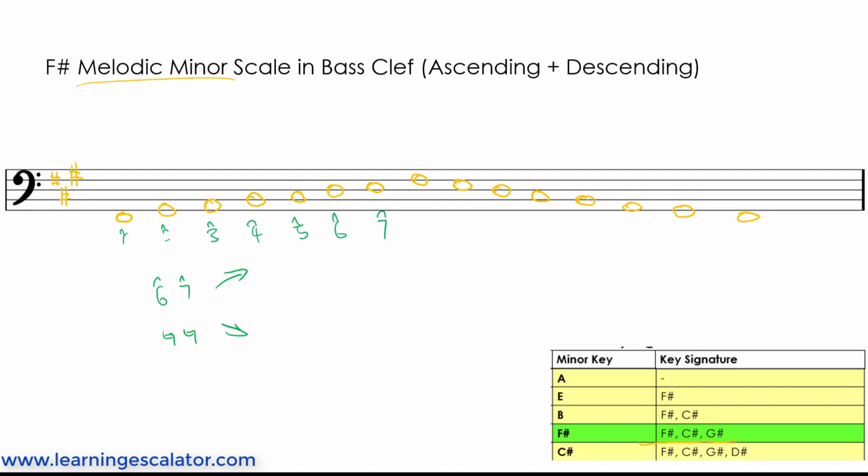So you have to raise the D and the E. Since there's no D and E in the key signature, all you have to do is add a sharp to it. And when going down, you just add a natural marking to it.